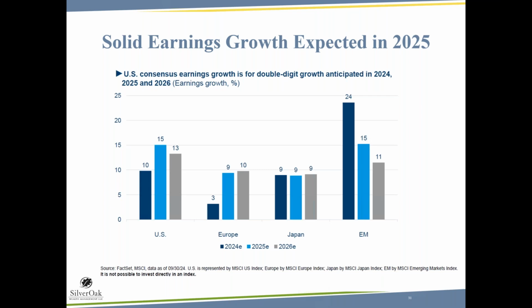The question that I would have is, on a risk-adjusted basis, are investors going to be willing to accept the emerging market earnings expectations relative to the US? Right, because in the US, we've had a nice solid trend in earnings. Yeah. EM has definitely been more volatile. Yeah.